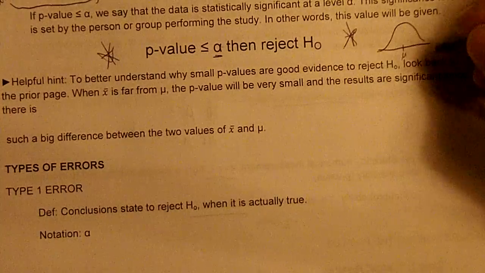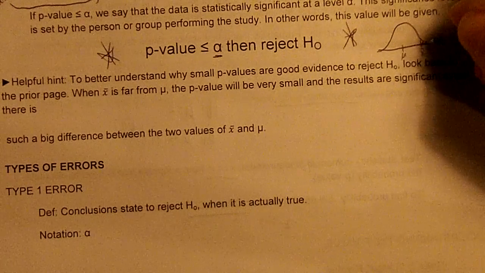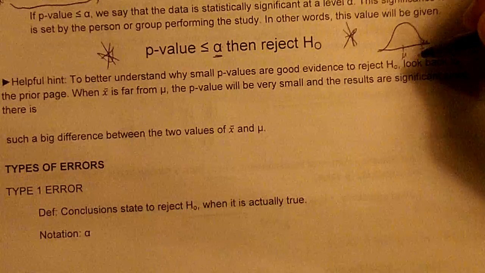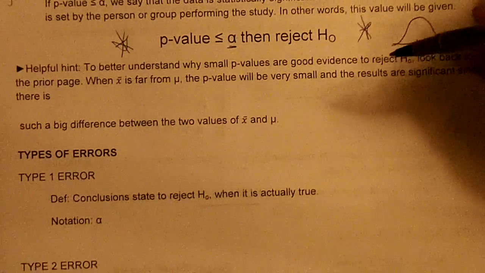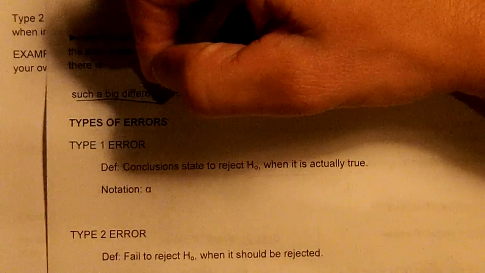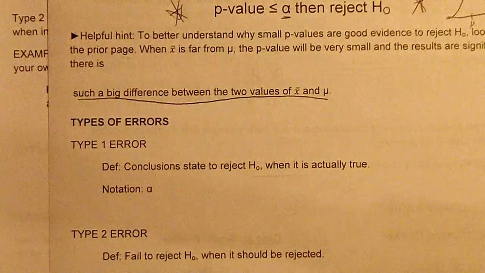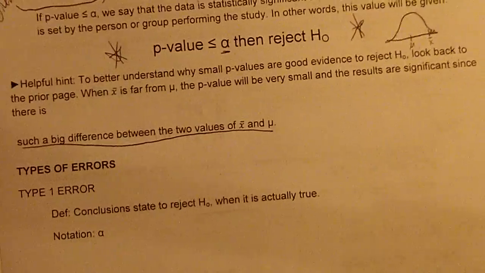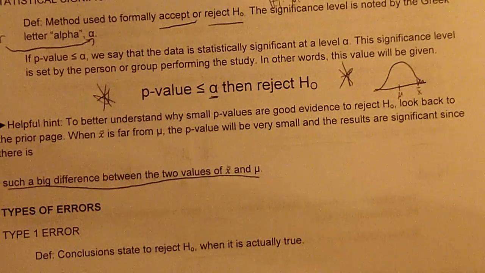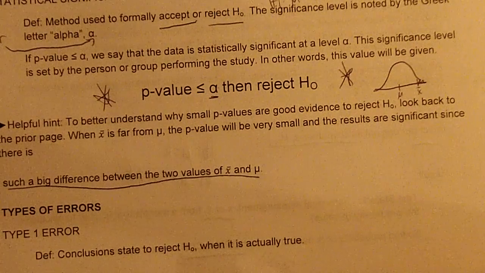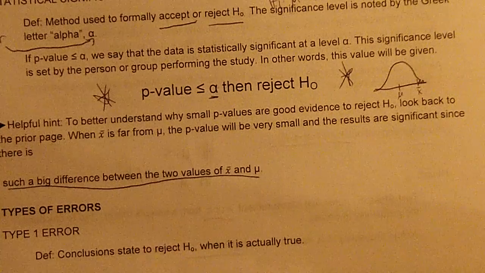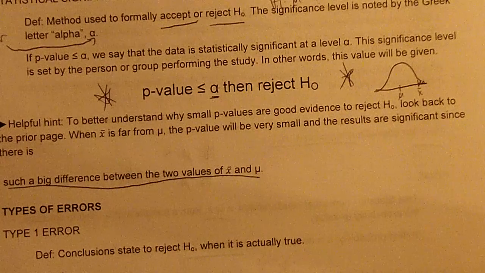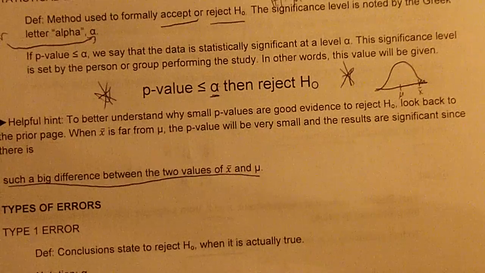So you would have your population mean, and your x bar would fall very far from your population mean. Right? So like you see here, such a big difference between the two values of x bar and mu. But we'll get to that in the next sections, but it's a really good idea to make sure you have a very concrete understanding of what that actually implies. And the picture on the previous page would actually show you time and time again why that's the case, right?